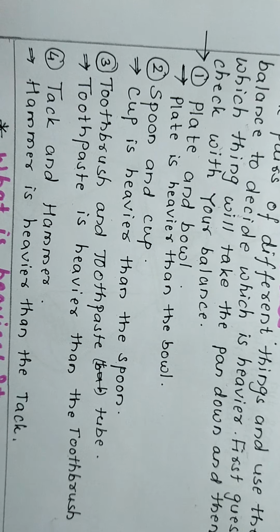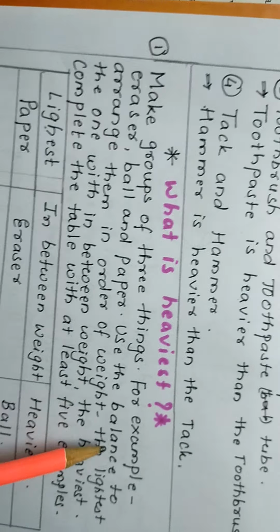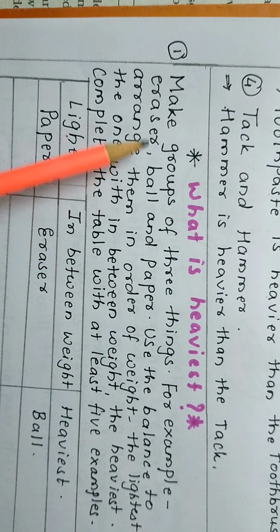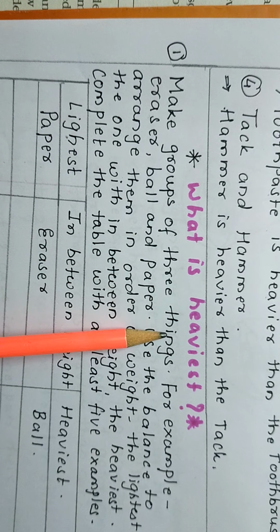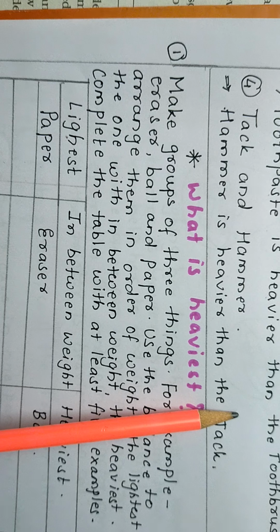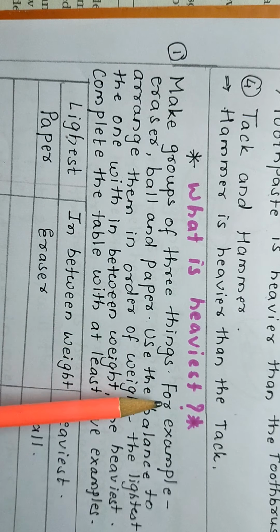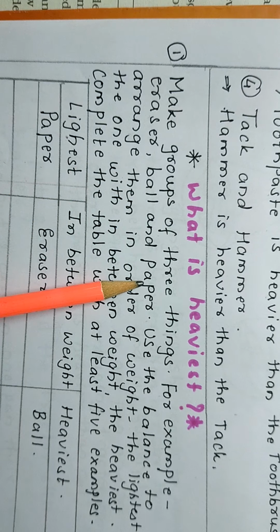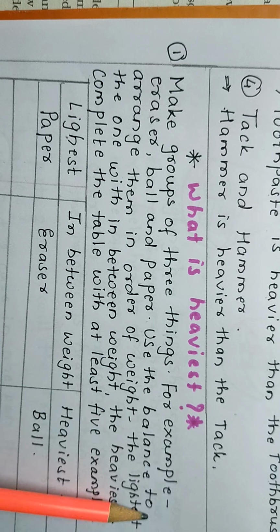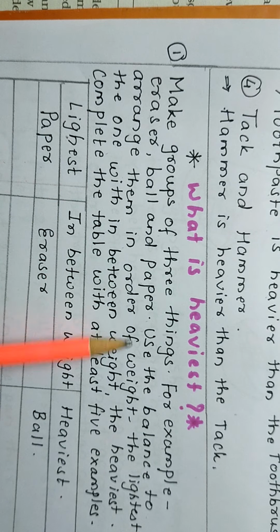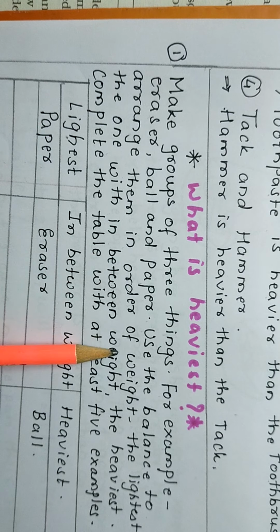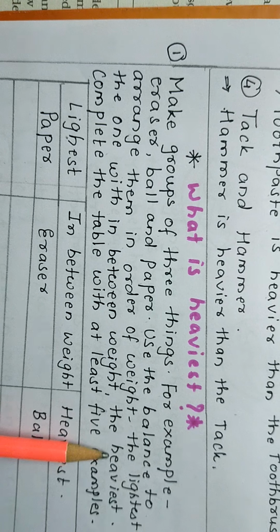Okay. Now downside another topic is given: what is heaviest? On the same page number, what is written? Make groups of three things. Previously we made the group of two things, now three things. For example, eraser, ball and paper. Use the balance to arrange them in the order of the weight: the lightest one, the one in between the weight, and the heaviest.